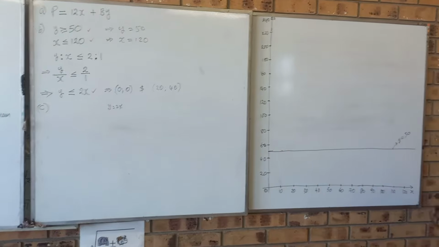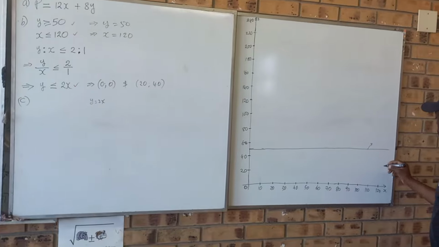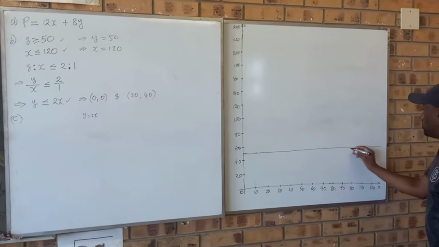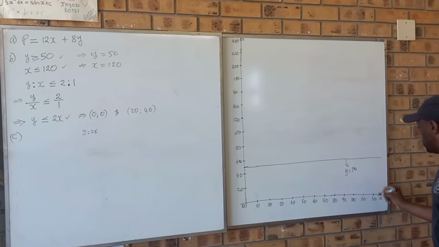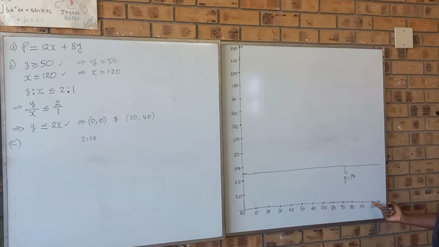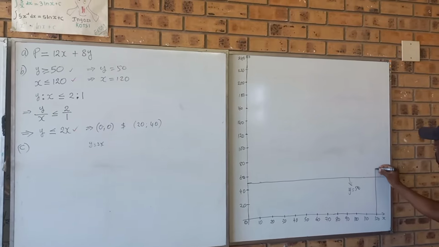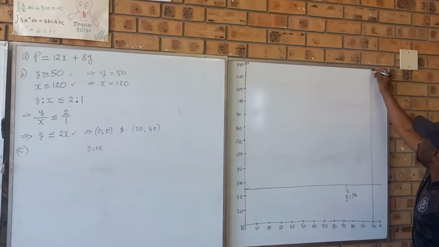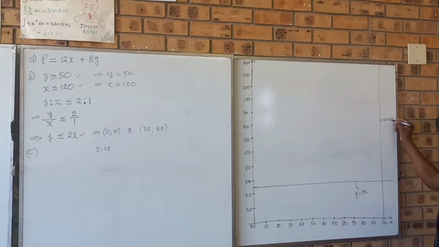Go to the x-axis and look for where there is 120. Then x equal to 120 has got nothing to do with the y-axis, so I draw a vertical line passing through 120 like that, and also label it x equal to 120.